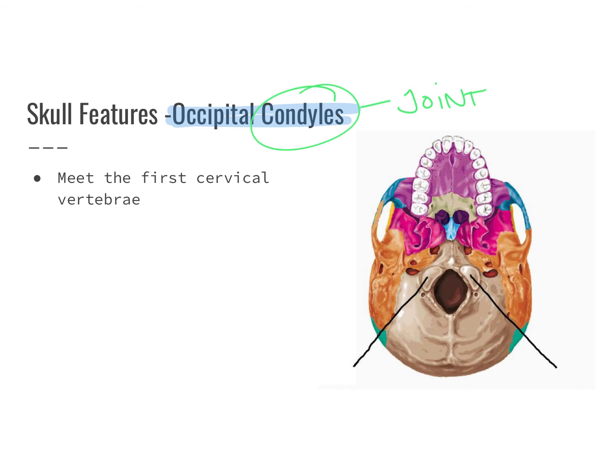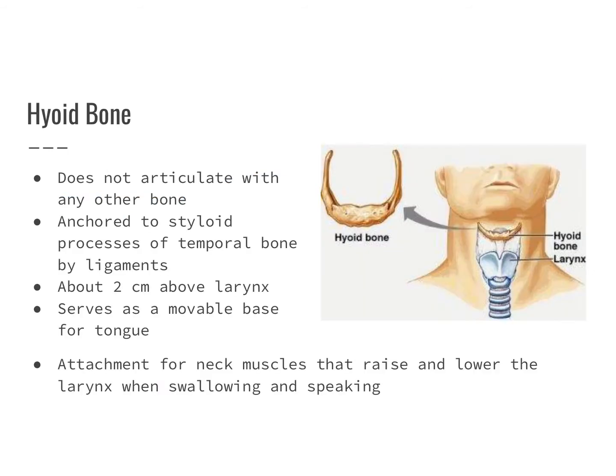And in this case, the occipital condyle is where your skull sits on your cervical vertebrae. So this is where your skull is sitting on that first neck vertebra, and that's what allows you to nod your head up and down like you're saying yes, those occipital condyles.